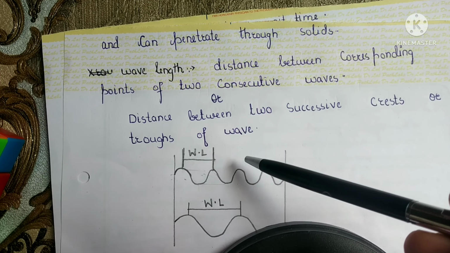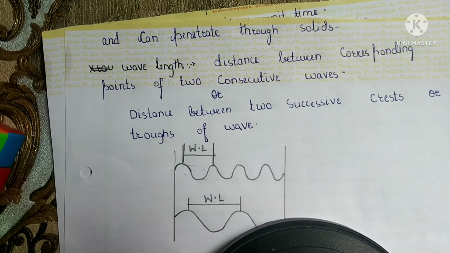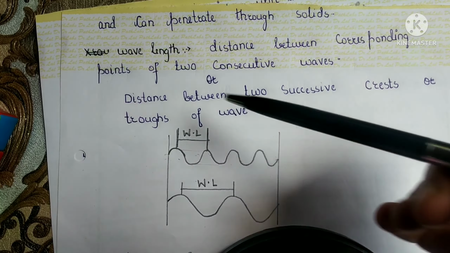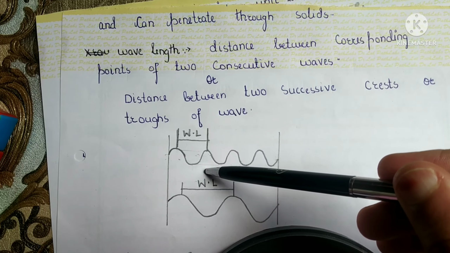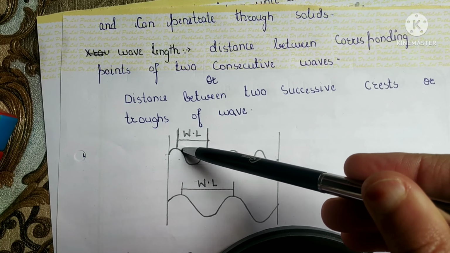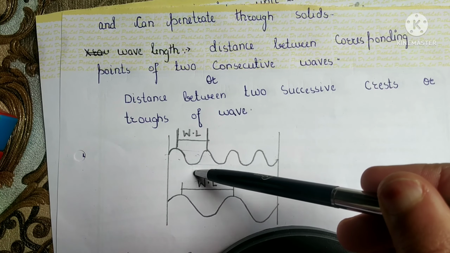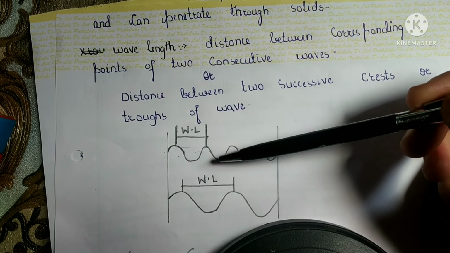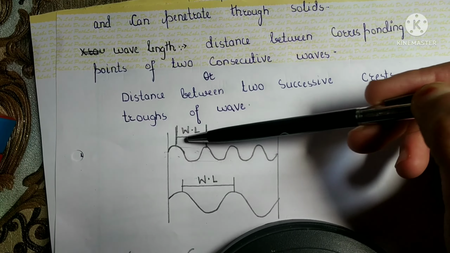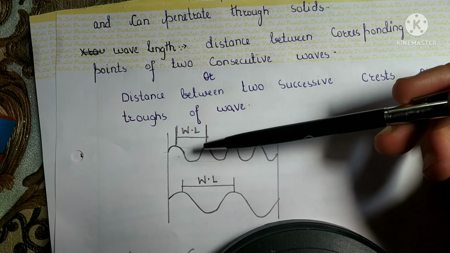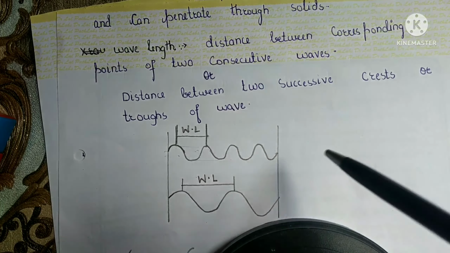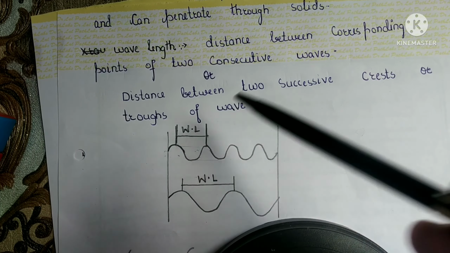This is a wave and it has got two parts, the upper border and the lower border. The upper border is called crest and the lower border is called trough. The distance between two crests, or the distance between two troughs of a wave, is called a wavelength.